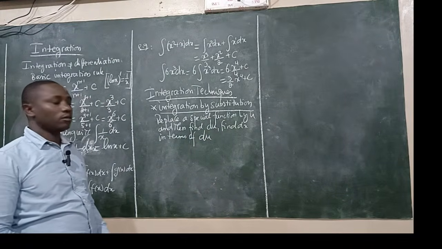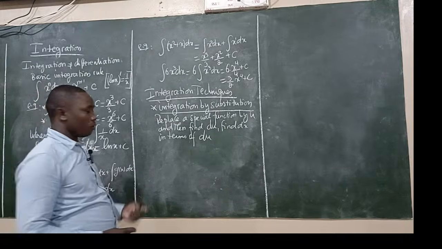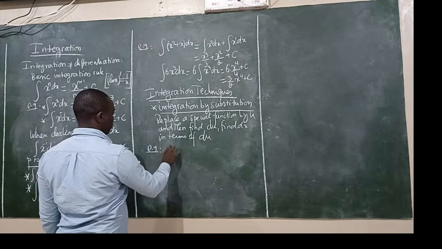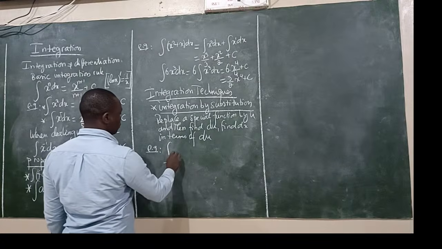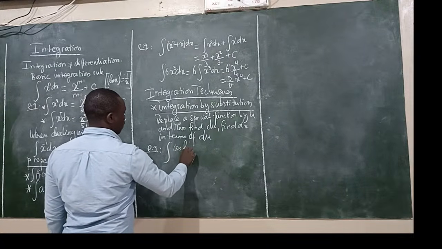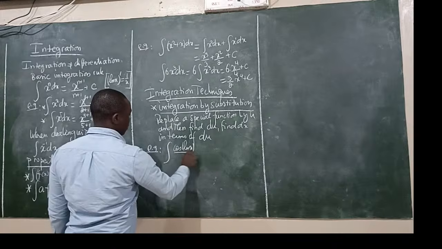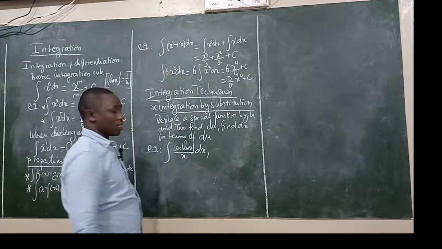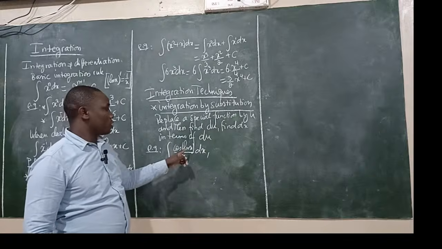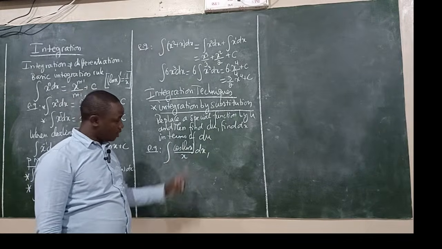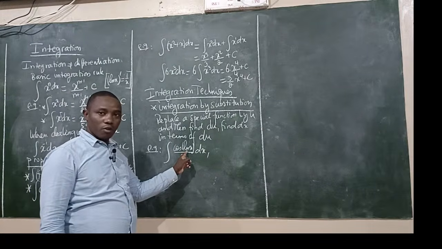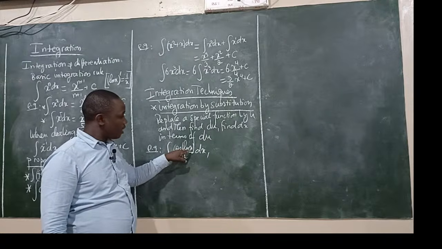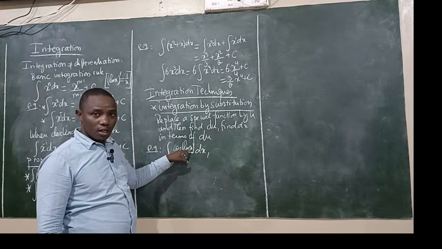Okay, let's have one example. The integral of cosine of ln x over x dx. As you see here, we know cosine x, but here is cosine of ln x.